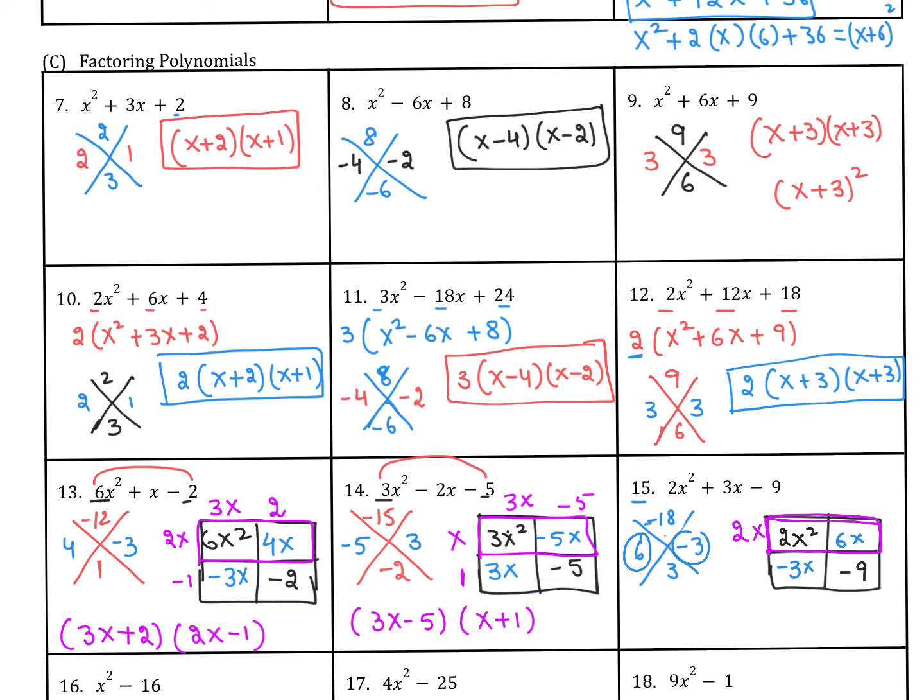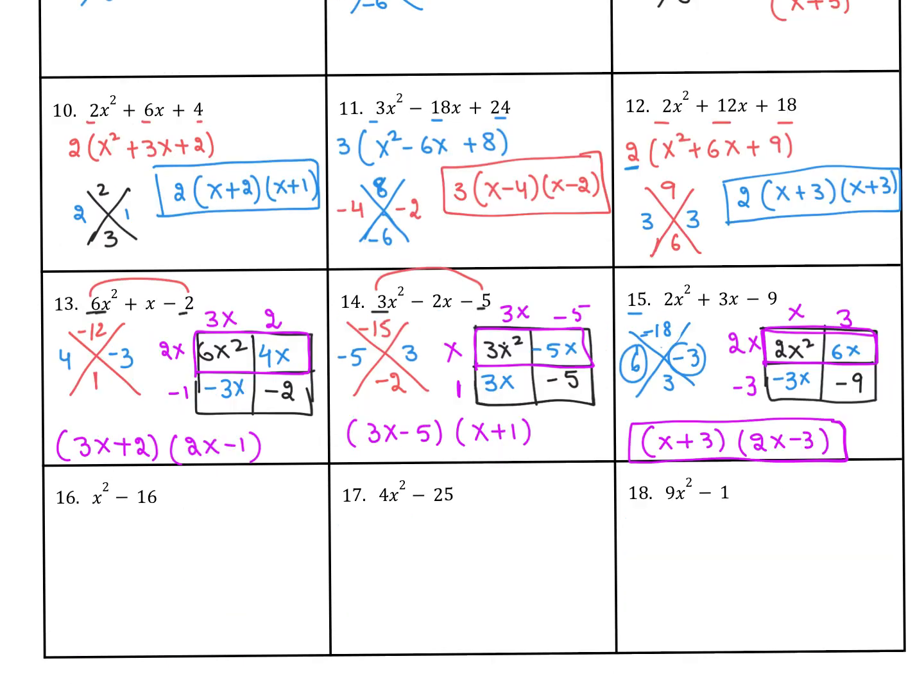Here you're going to multiply with x to get 2x squared. Here you multiply with 3 to get 6x on top. And this one is negative 3. X plus 3 times 2x minus 3 are the two factors.